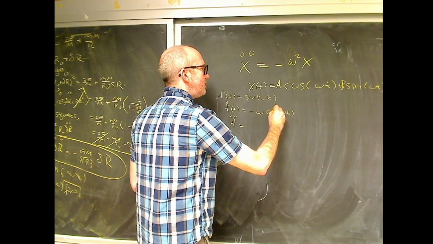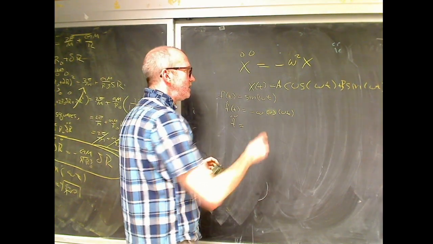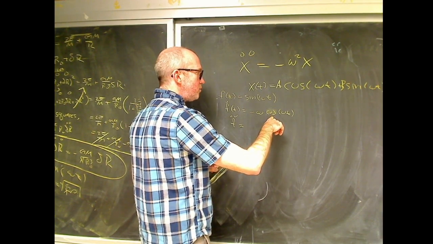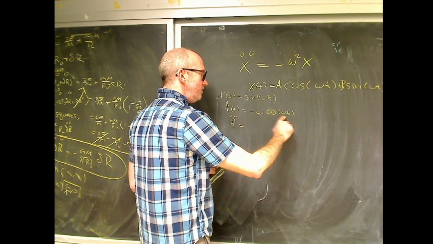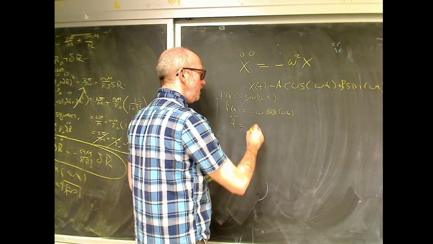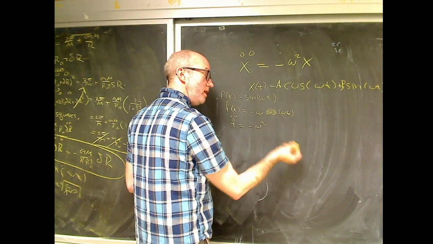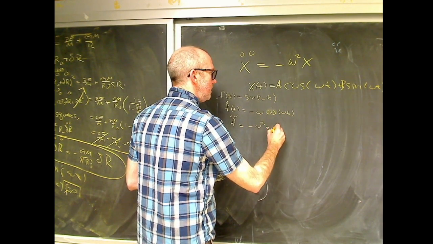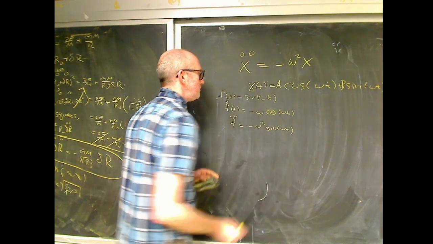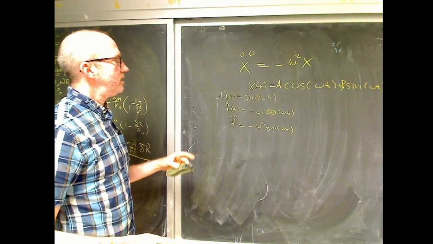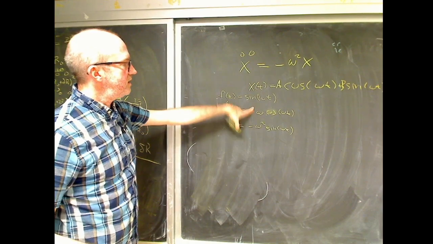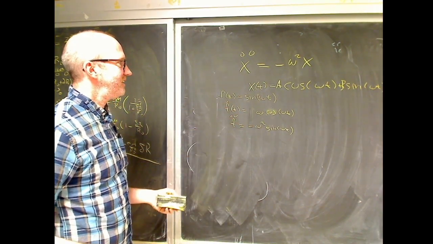It'd be positive, right? What's that? Positive cosine. Yeah, cosine is positive, and then we take a derivative of this. The derivative of cosine is minus sine, so we get a minus sign. We get another omega, and we get sine of omega t. Yeah. But then we do get the negative at the end.